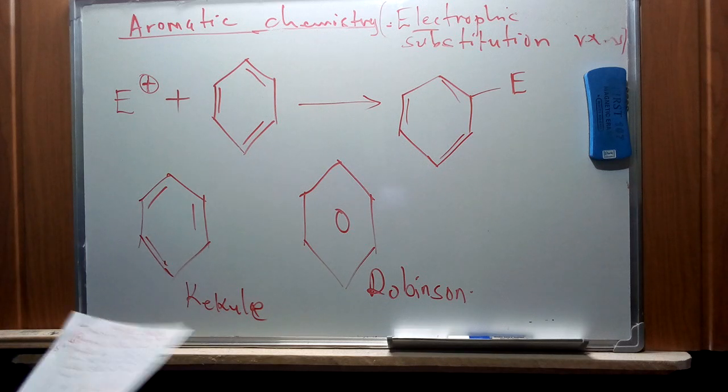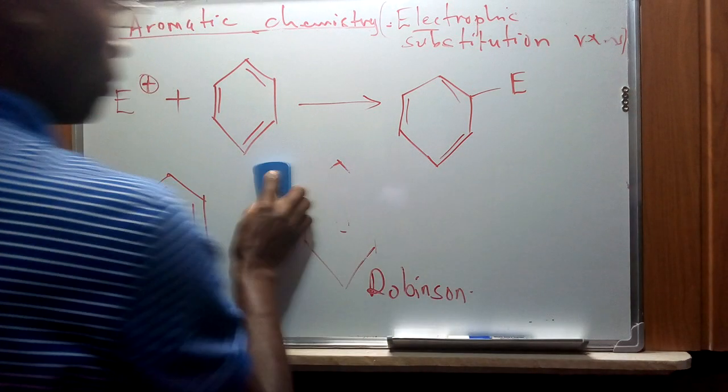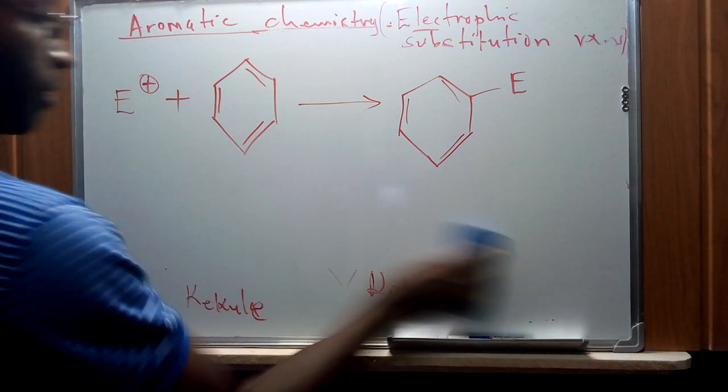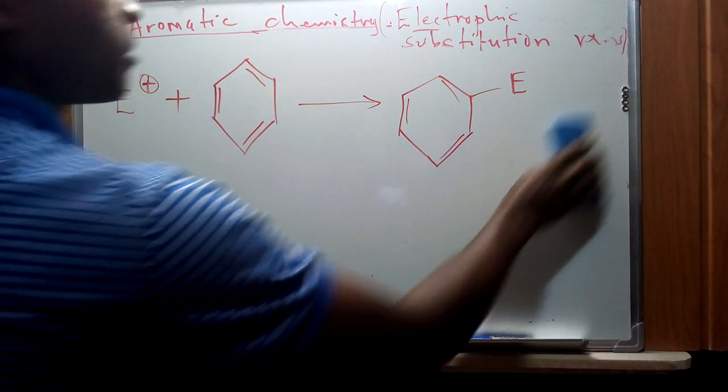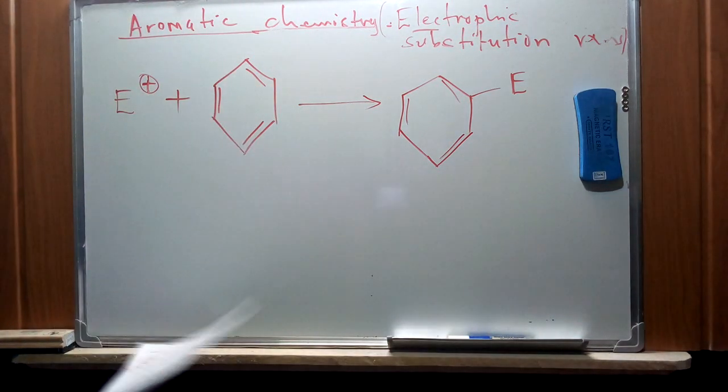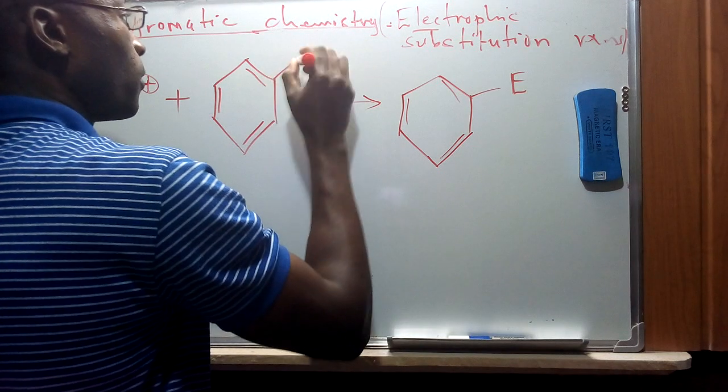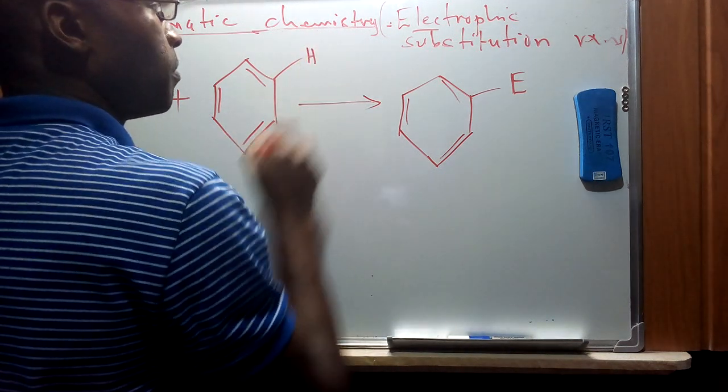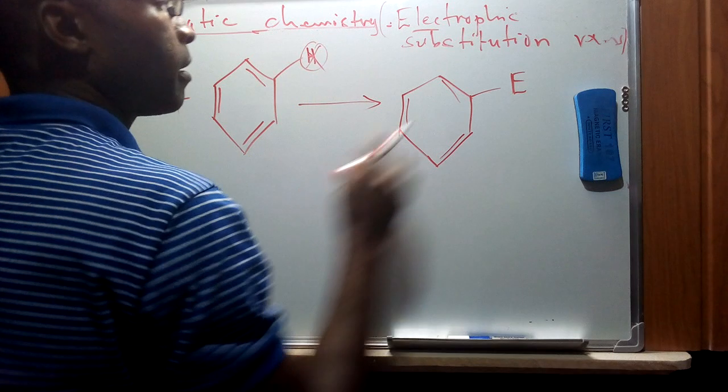As I've said, there are three basic steps involved in this kind of electrophilic substitution reaction, whereby one of the hydrogens is substituted by an electrophile. We are not going to indicate that this hydrogen is there. It is absent, and it has been substituted by an electrophile.